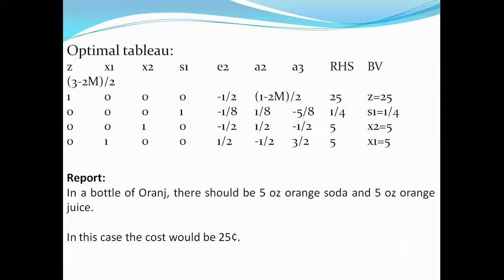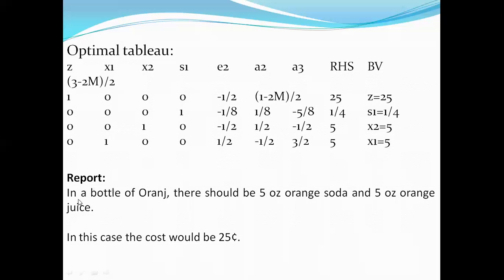So finally, the optimal table of artificial variables, upon substituting the artificial variable numbers in the tabular column and calculating, we will be getting the values as x2 is equal to 5 and x1 is equal to 5. So here x1 is the composition of sugar that we have considered, and x2 is the composition of vitamin C that we have considered in the initial stage of the problem.